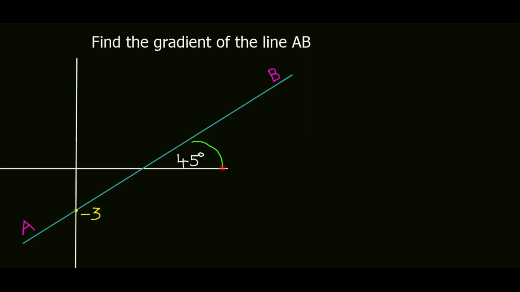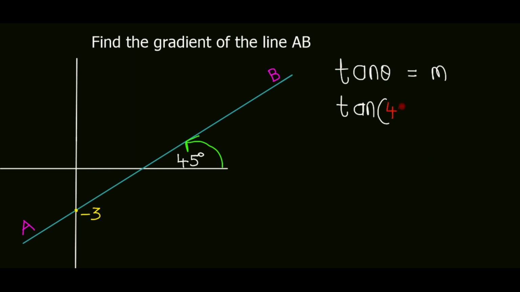This is the angle of inclination, and that angle is 45 degrees. So we can easily find this gradient because we know that tan of the angle of inclination is equal to the gradient of that line, and in this case the angle of inclination is 45 degrees.